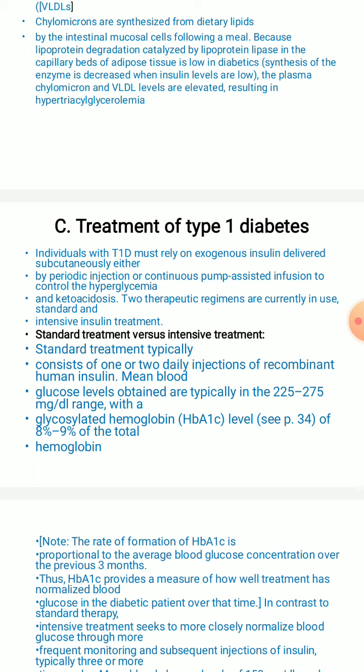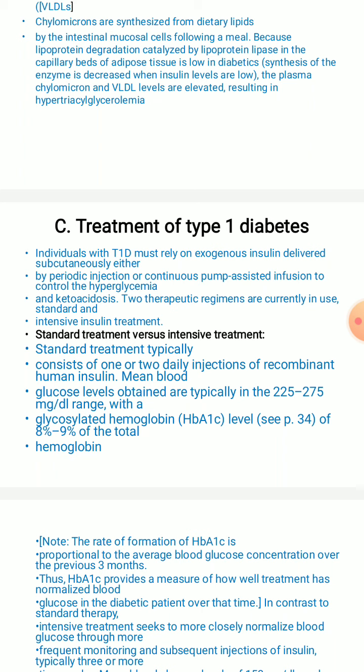The person should not reach a hyperglycemic condition; the blood glucose level should be under control at the normal level. It should not reach more than 240 mg per deciliter, right?